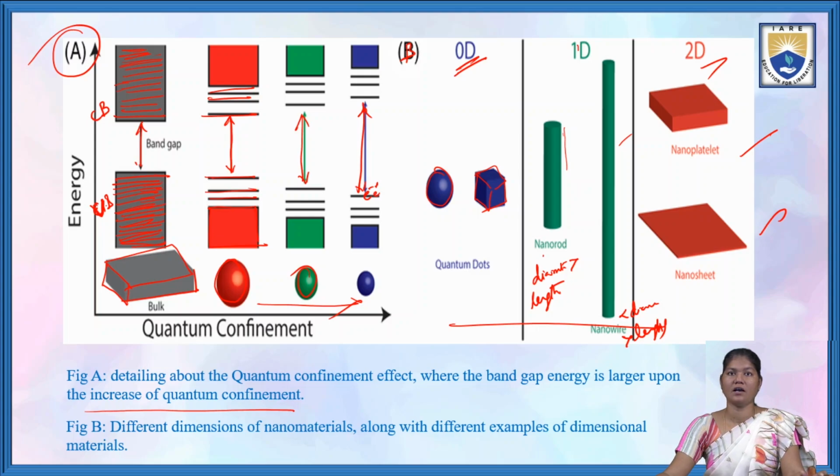So as the size is reduced from bulk size to nano size, the band gap between the conduction band and the valence band becomes more and more.